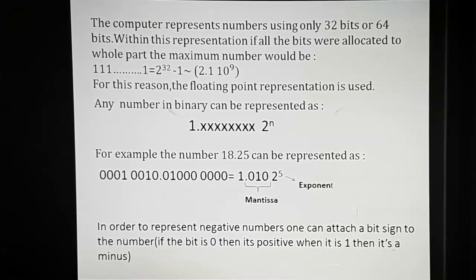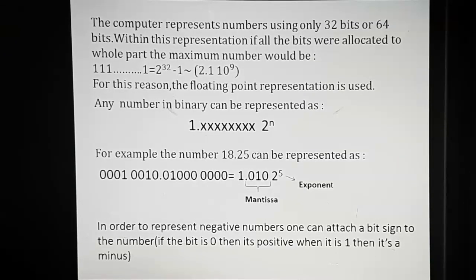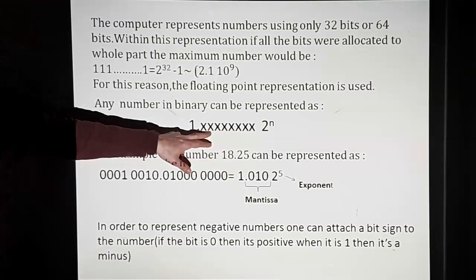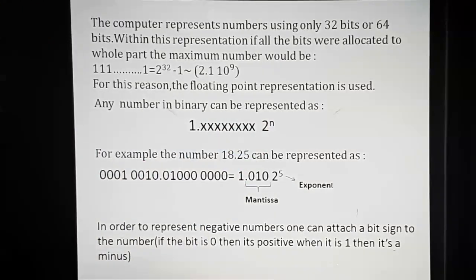Now, for these reasons, we use the floating point representation. So, any number in binary can be represented as 1 point some fraction, times 2 power n.